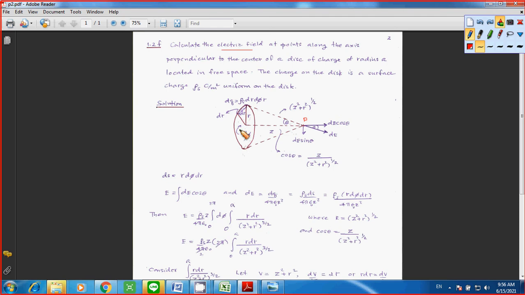Starting by drawing the diagram, you have a disk right here, and you are looking for the electric field at P, which is at a distance z from the center of the disk. To make it easier, you know that you can start from here: dE equals dQ divided by 4 pi epsilon 0 r squared. This is in free space.